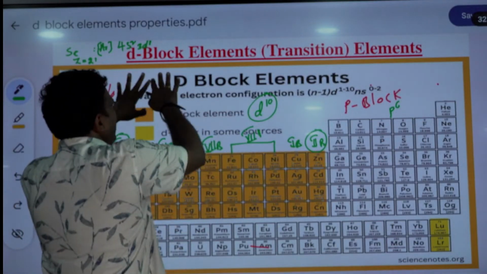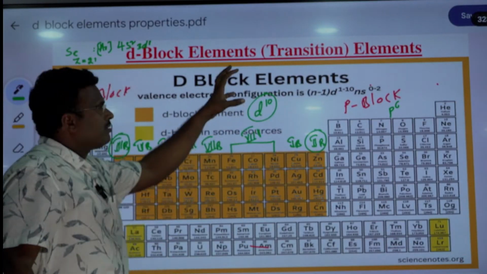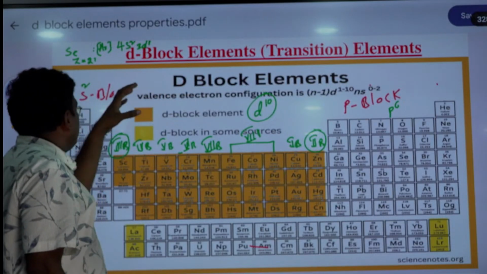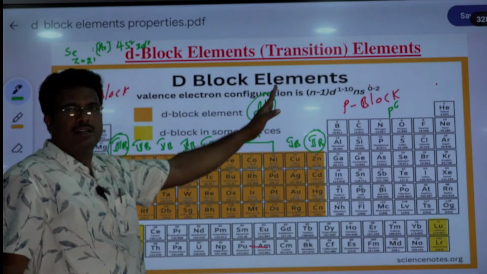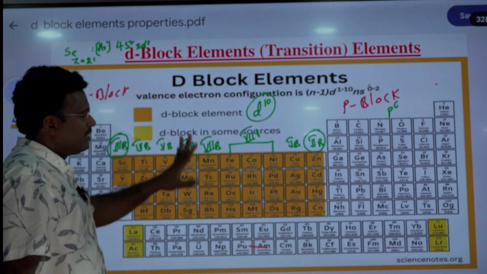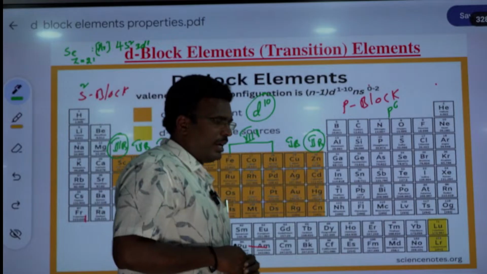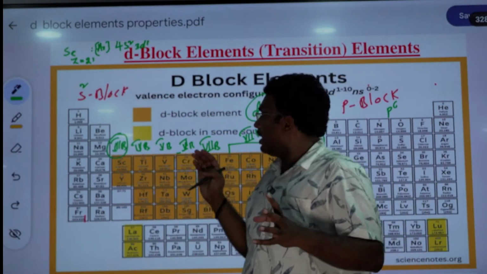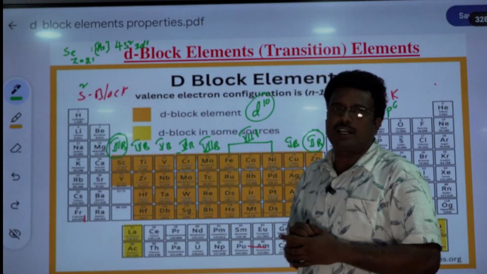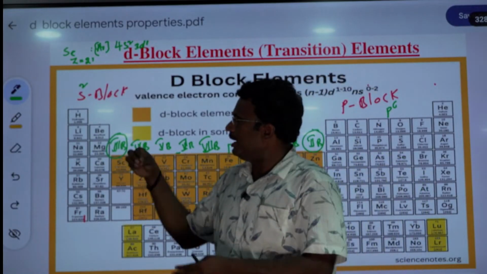So these are called D block elements. They are also called transition elements. These transition elements, the D block elements, are present between the S and P blocks. That's why the name is called transition elements. Very, very important topic in the D block. The D block elements have special characters. In the S block, completely metals are present.